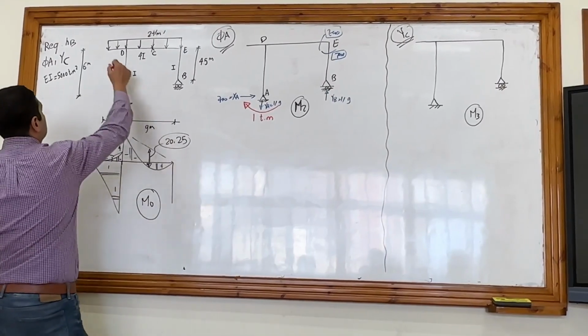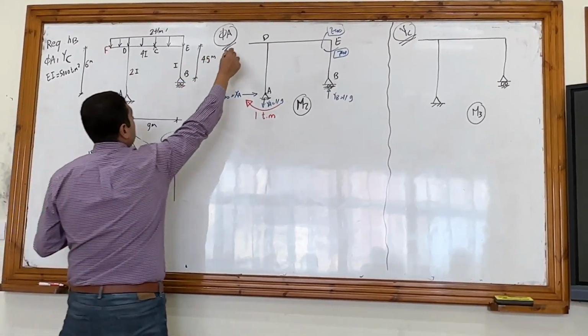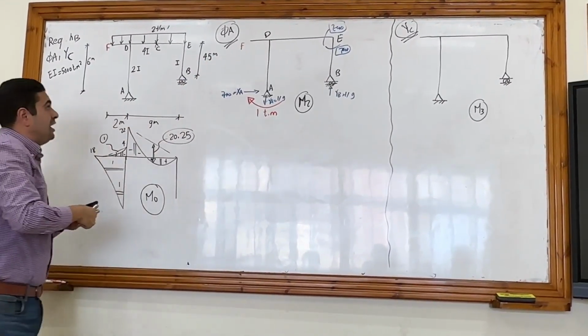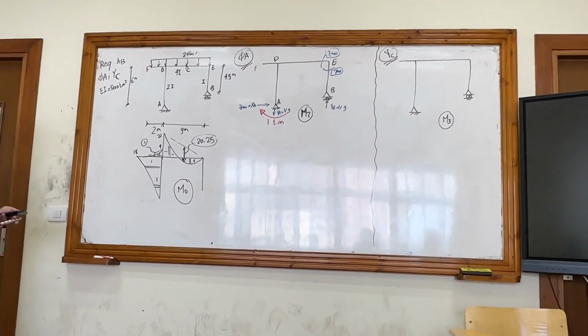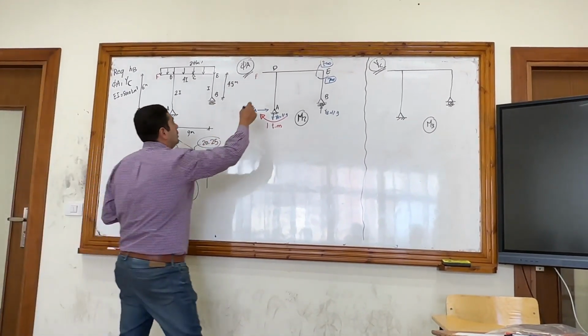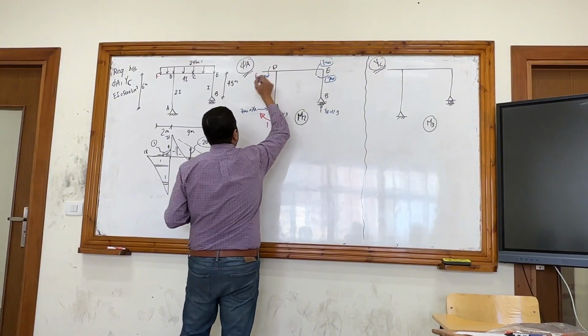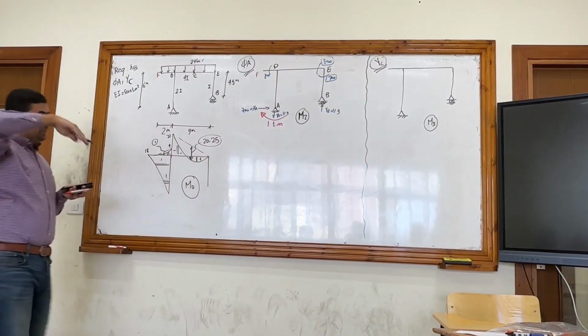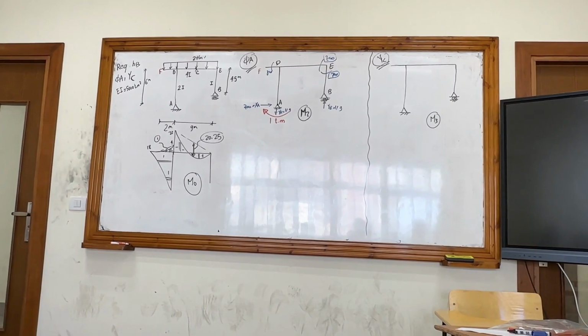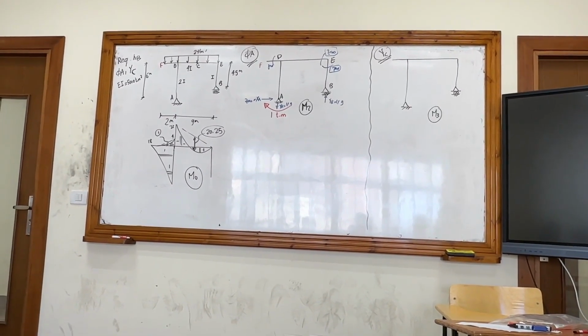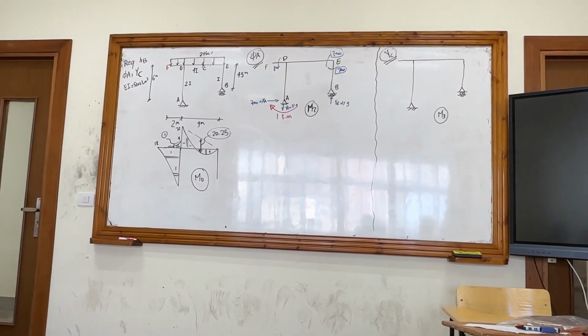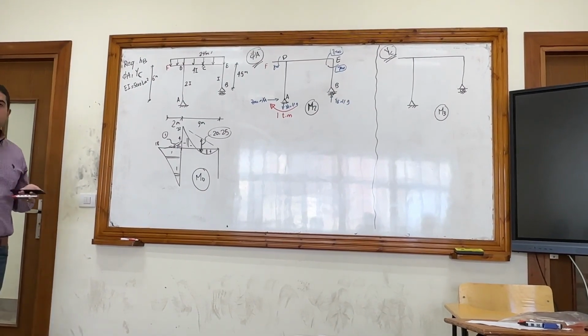What about the joint at D? Here, it's F. So from DF, is there any moment at D from the part DF? Nothing. So the moment here is 0. What about the moment at D from the part DA? Are there any forces that give moment at D in the part DA? Yes.